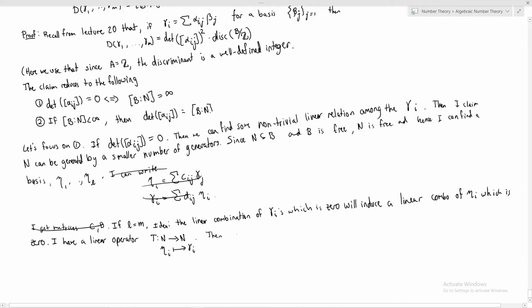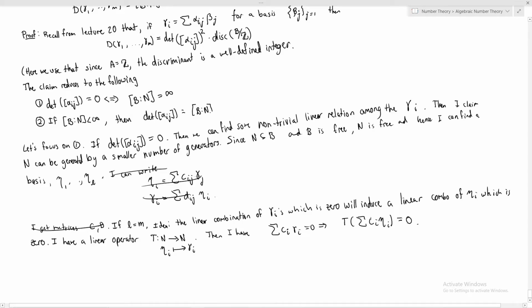Then I can find the sum of c_i gamma i equals 0, which implies that T of the following sum will be 0. T of the sum of c_i eta i equals 0. Okay.